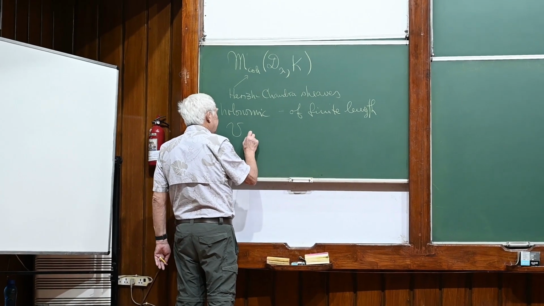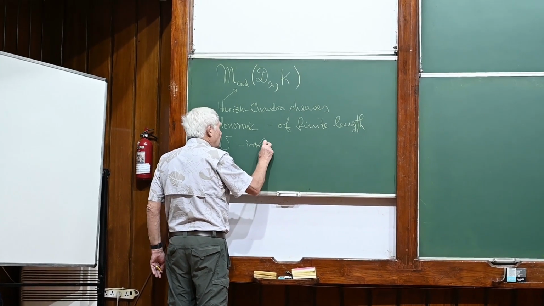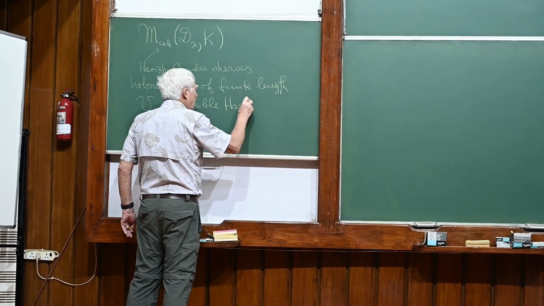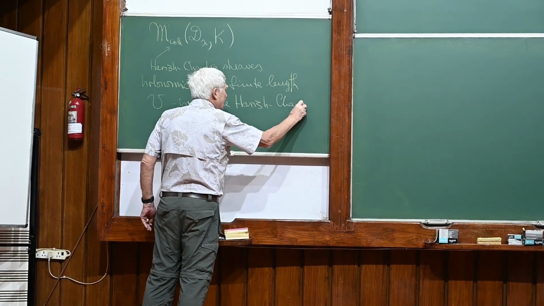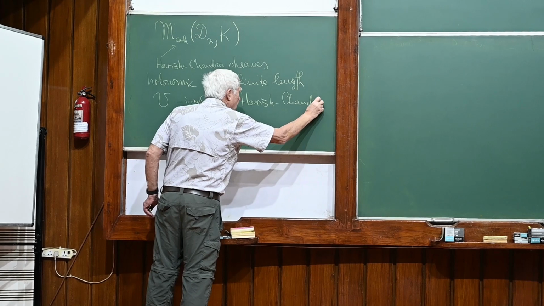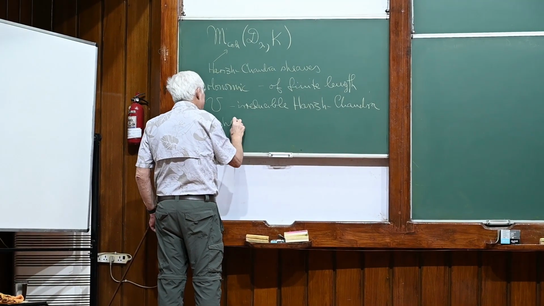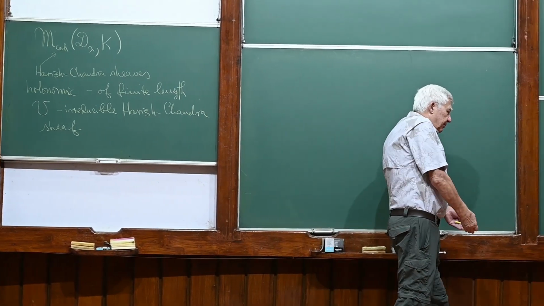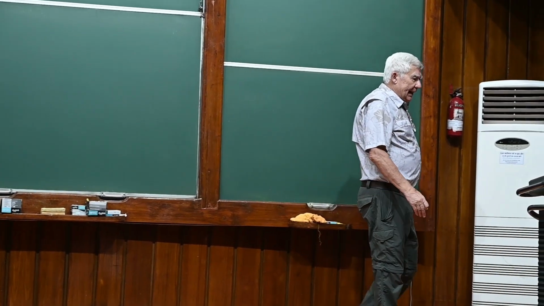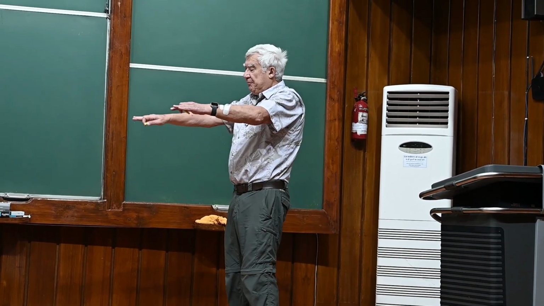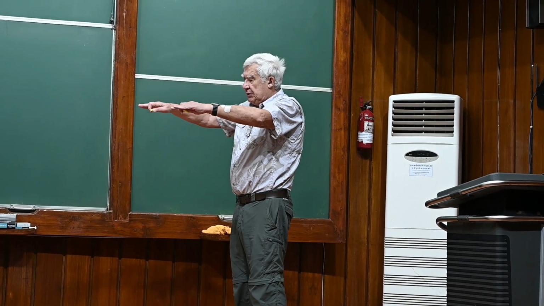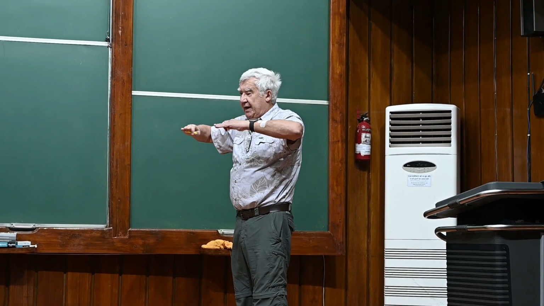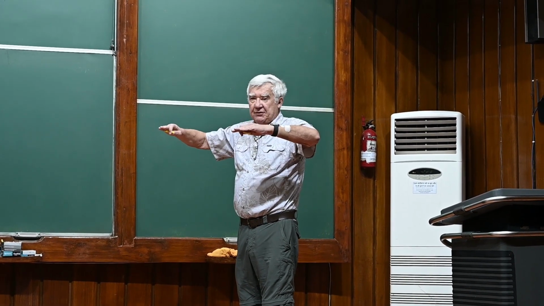So let's assume that V is an irreducible Harishchandra sheaf. This implies, if you think about this, that its support, what is the support, say, of a D-module? This is the complement of the maximal open set on which this D-module is zero when we restrict it.